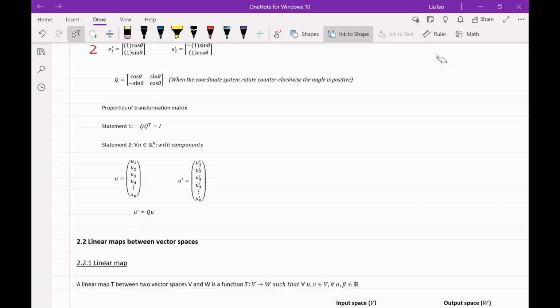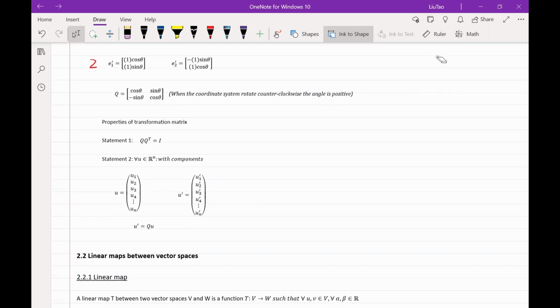The transformation matrix has two properties. First, Q times Q transpose is equal to the identity matrix. Later on, we will know that Q times Q inverse is also equal to the identity matrix. So then we know Q transpose is equal to Q inverse.